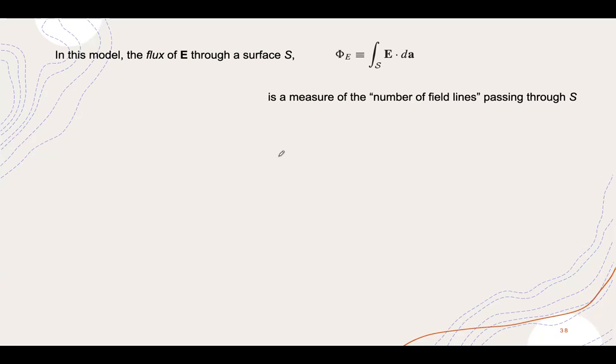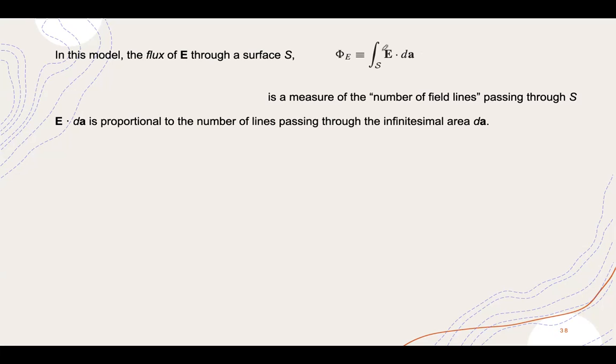Sir, the number of field lines passing through S, it should be perpendicular, no, sir? Yes, that's what we are going to have now. Because you can also have some angle, but the maximum is only when it is perpendicular to that surface, right?